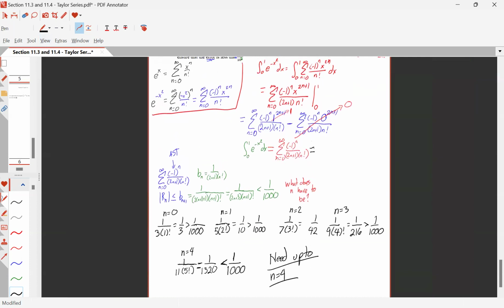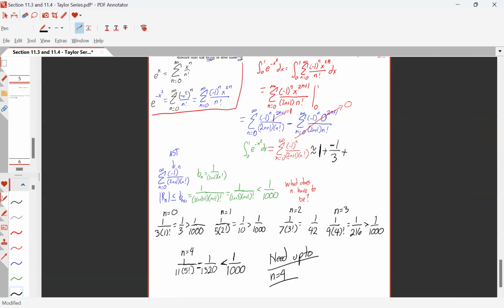So going back to this line, we want to approximate it up to the 4th term. I'm going to plug in these values. When n equals 0, we get 1 over 1 times 1. It's going to be 1. Plus, when n equals 1, we'll have negative 1 over 2 times 1 plus 1 is 3 times 1 factorial, which is 3.